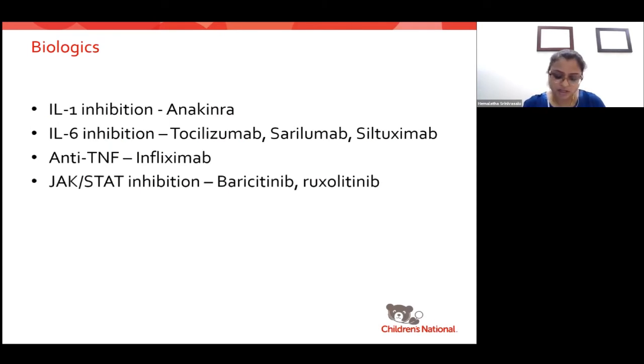Several biologics are being used in MIS-C. Anakinra is considered a good choice due to experience in treatment of systemic JIA, macrophage activation syndrome, and Kawasaki disease. Anakinra has also been used in sepsis trials and has also been used in adult COVID-19 infection.